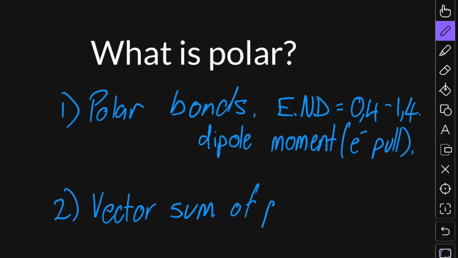That doesn't make any sense to anyone until you actually explain it, so please don't panic. I'm just going to neaten up my writing because some of you are taking notes. Vector sum of dipoles means, quite simply put, that the dipoles add up to something other than 0. So you cannot have these opposing forces.